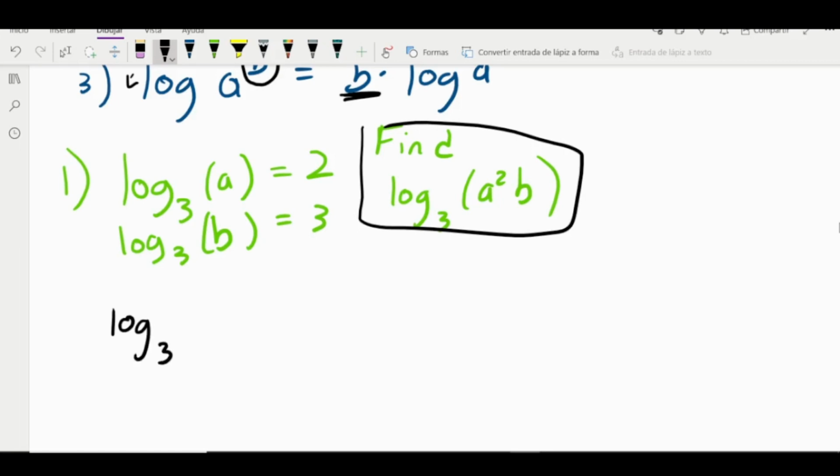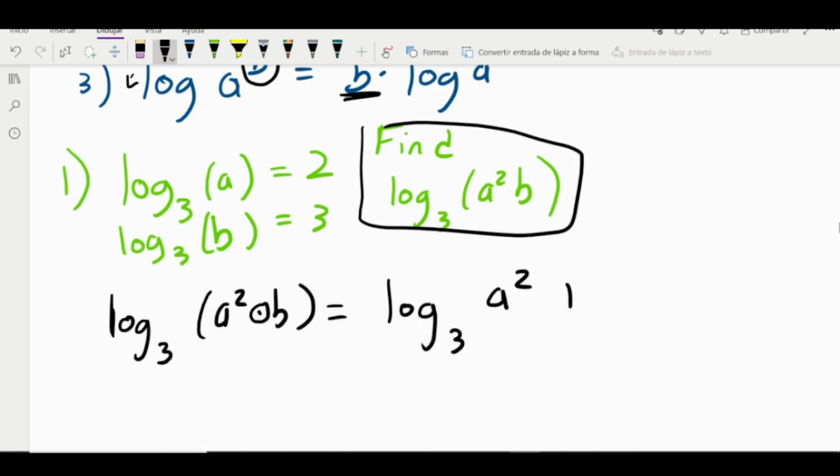So logarithm base 3 of a squared times b. Remember what happens when it's a multiplication? We transform it into an addition. So it's going to be logarithm base 3 of a squared plus logarithm base 3 of b. And here we can apply another property.